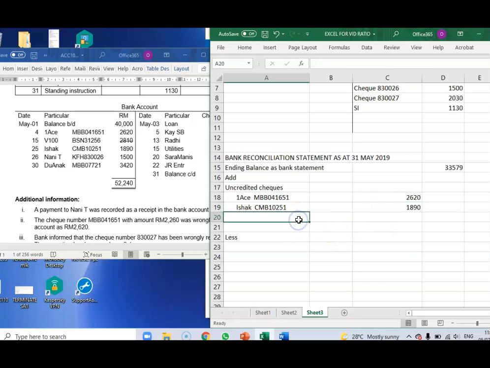Next is Nanity, and the amount is 1,500.